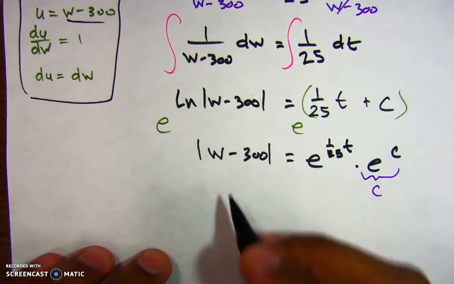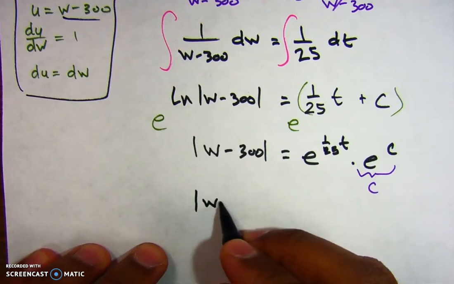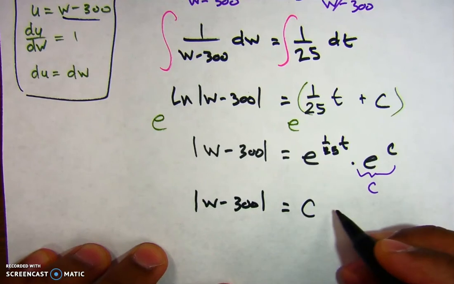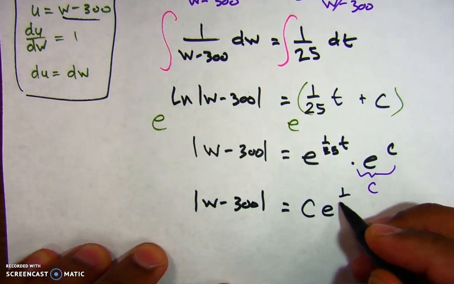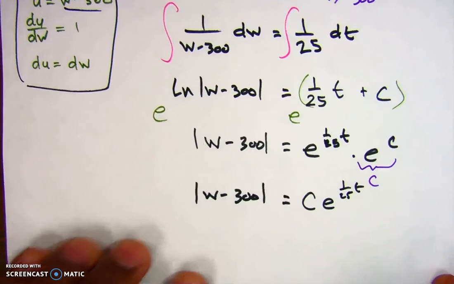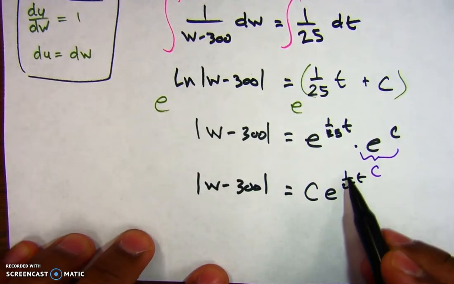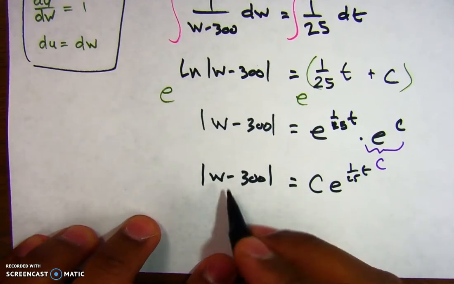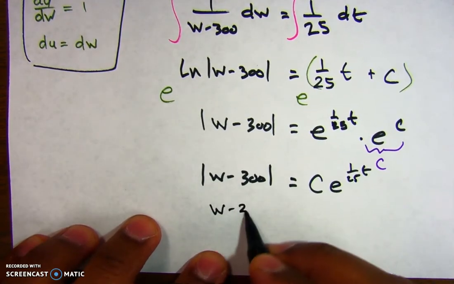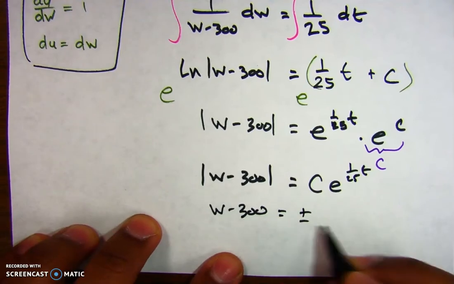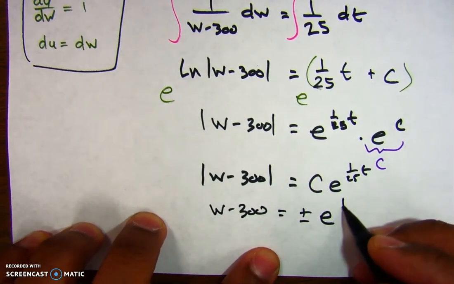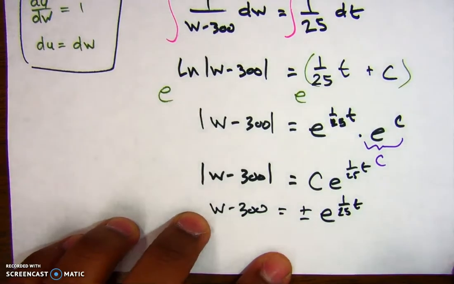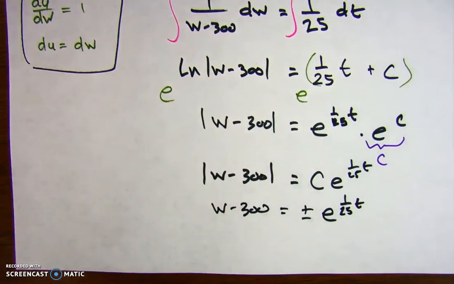So we have the absolute value of W minus 300 is equal to c e to the 1 over 25 t. Again, I know it's hard to see, but that's 1 over 25. And to remove the absolute value bars, it's just W minus 300 is equal to plus or minus c e to the 1 over 25 t. Oh, I forgot my c.